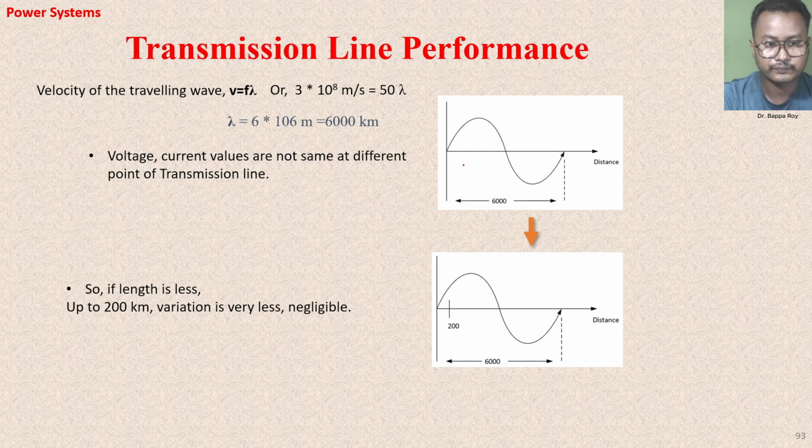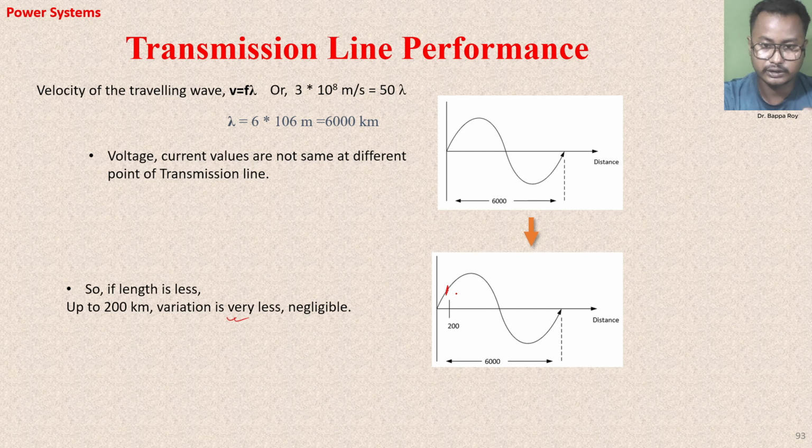Now, if the length is less, just assuming up to 200 kilometer, the variation is very less. We are considering only this distance compared to the full wave, where there are so many changes in value.